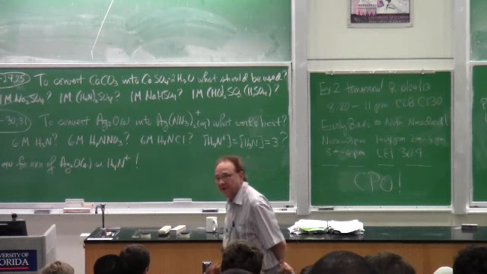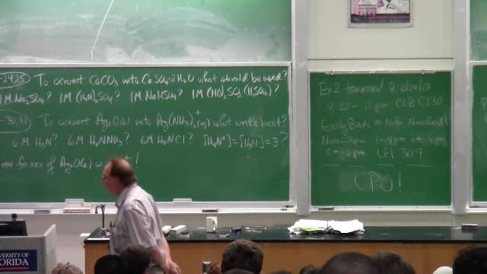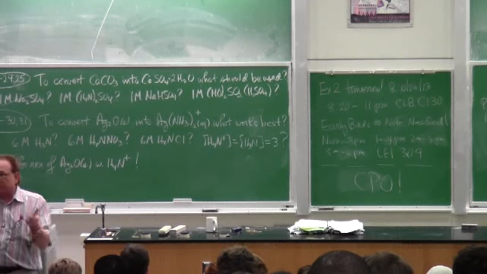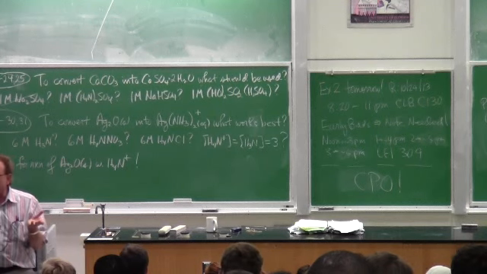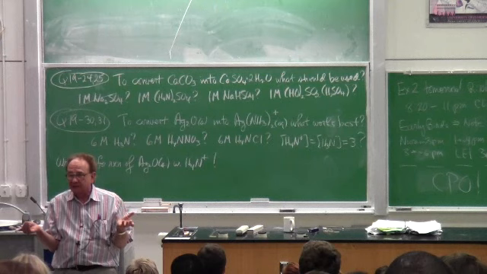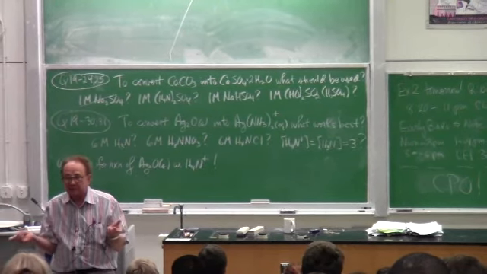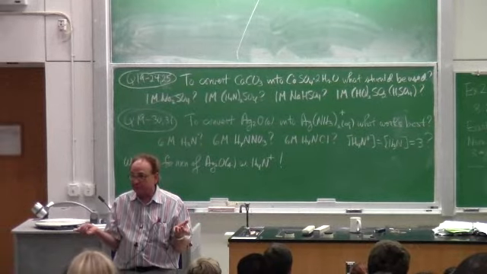That means an ineffective conversion. Have you by now had it sink in that if you got a K value of 1, the conversion effectiveness is 50%? So if you got a K value a lot smaller than 1, the conversion effectiveness is a hell of a lot smaller than 50%.